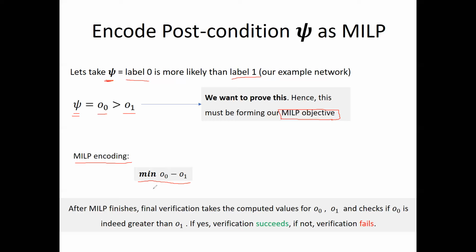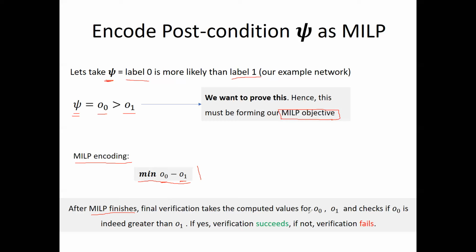So it's ultimately trying to maximize the value of O1 and minimize the value of O0. And in that way, we try to compute the minimal value here. Okay, so let's say that the MILP finishes, your MILP solver takes your MILP instance with this objective, and it's done. So what would we check then? How would we have a certification check?